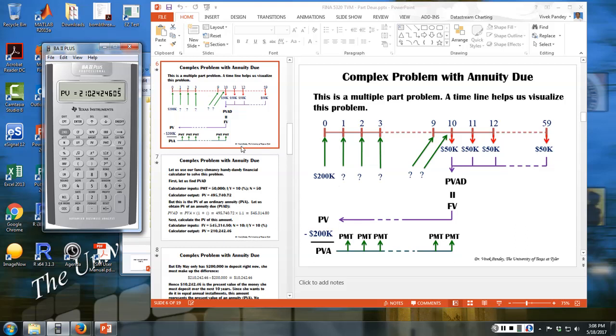So there is a difference that needs to be made up, right? And that difference is the 210.242 whatever minus 200. That's 10.242. Let's store this number, although we may not need to.